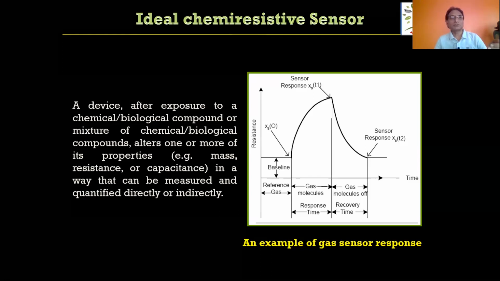In response to different concentrations of that chemical, meaning gas analyte, the resistance of your material is going to be modulated. That is why it is called chemiresistive: that chemical modulates the resistance of the material being used for sensor development, and therefore it is called a chemiresistive sensor.